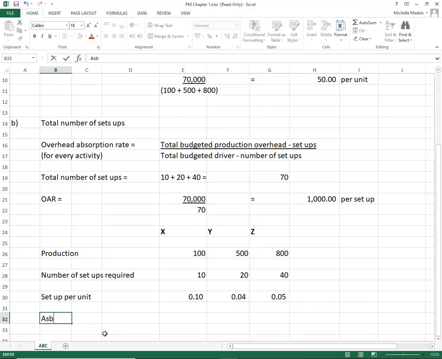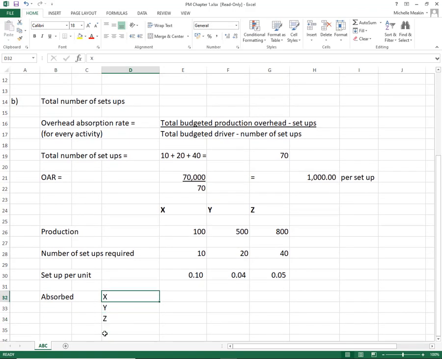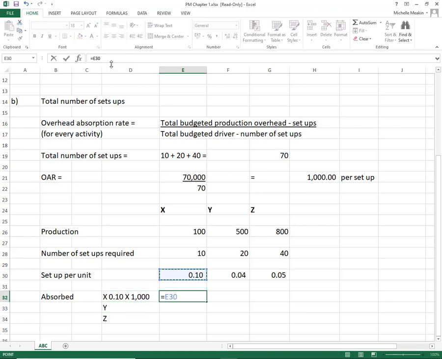Final thing I am going to do is I'm going to now absorb into my unit of product and service. And again, I do it for each unit. So for X, it will be the 0.10 times by the cost per setup of 1,000. So £100 will be included in the cost card for X for setup overhead per unit.